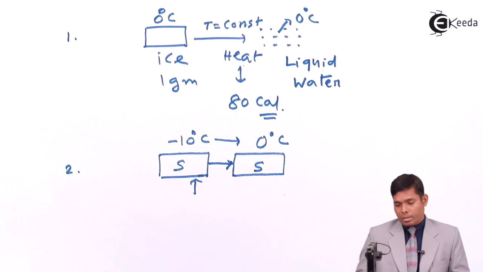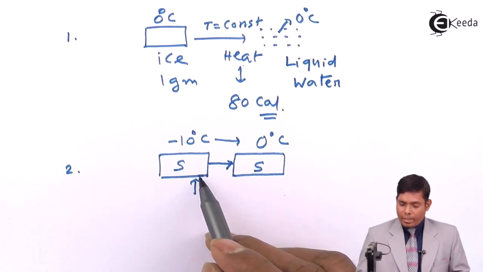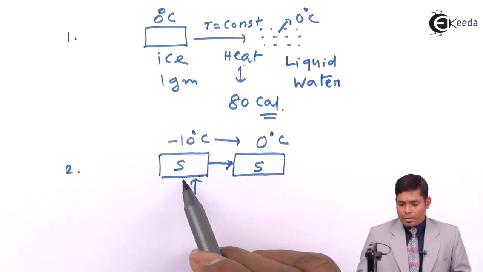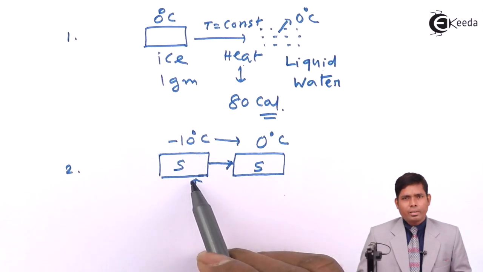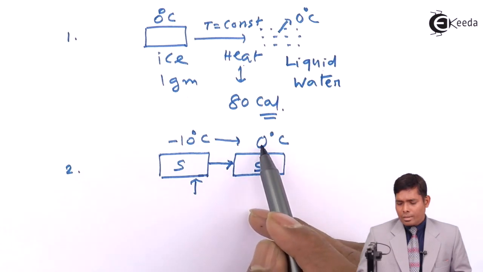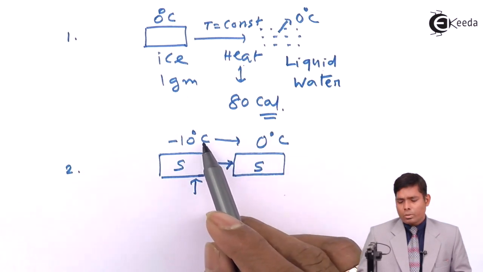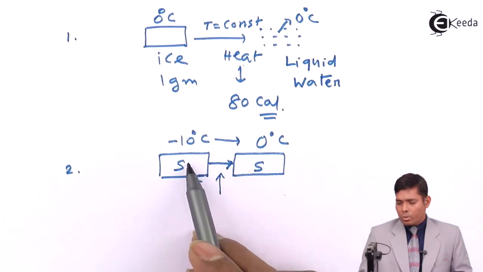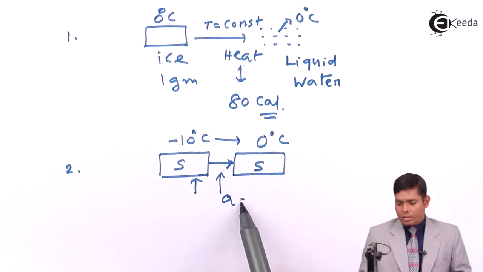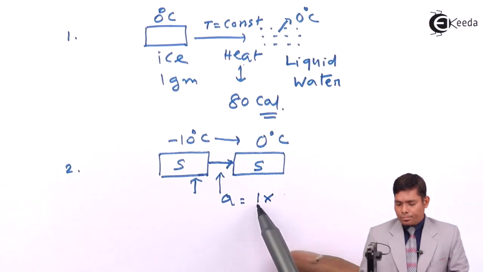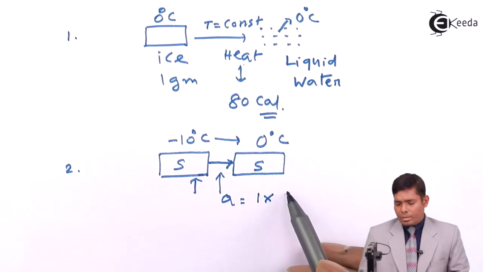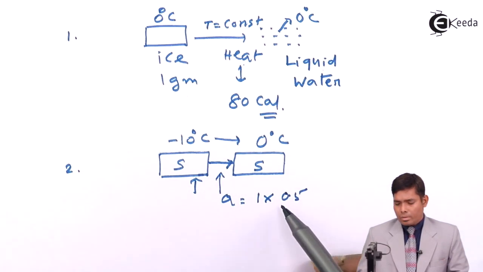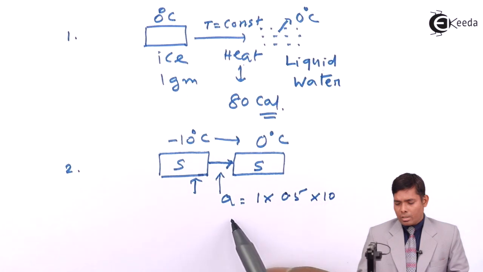So if you want to calculate, then I will also calculate this. How much heat is required to convert 1 gram of ice at minus 10 degree centigrade to ice at 0 degree centigrade? So you have to increase the temperature by 10 degree centigrade. That means the amount of heat needed is mass 1 gram, into 0.5 calorie, into temperature 10.